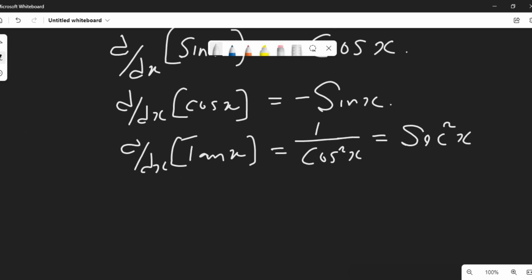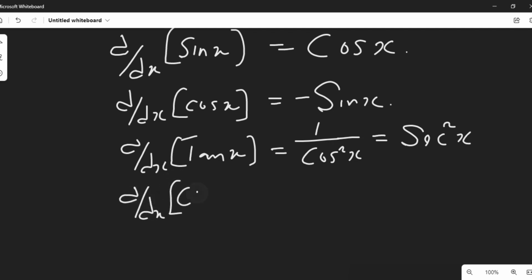Now let's look at the derivative of cot x. The derivative of cot x is equal to the negative value of 1 over sine square x.